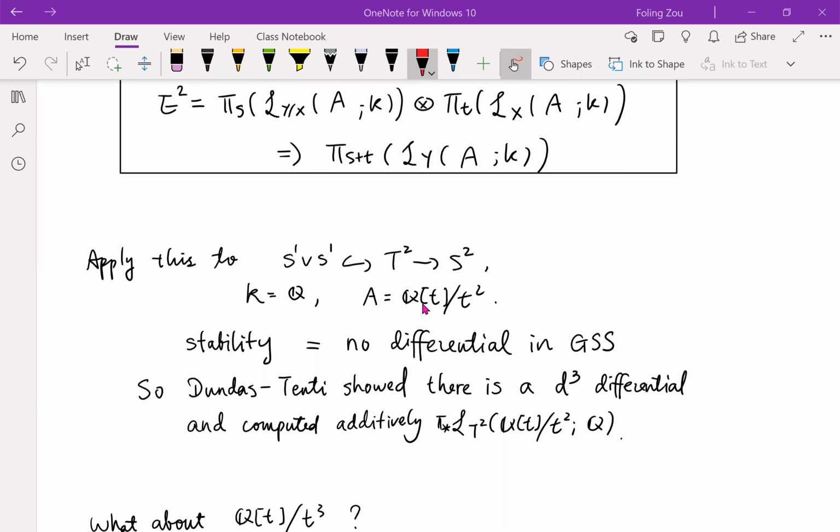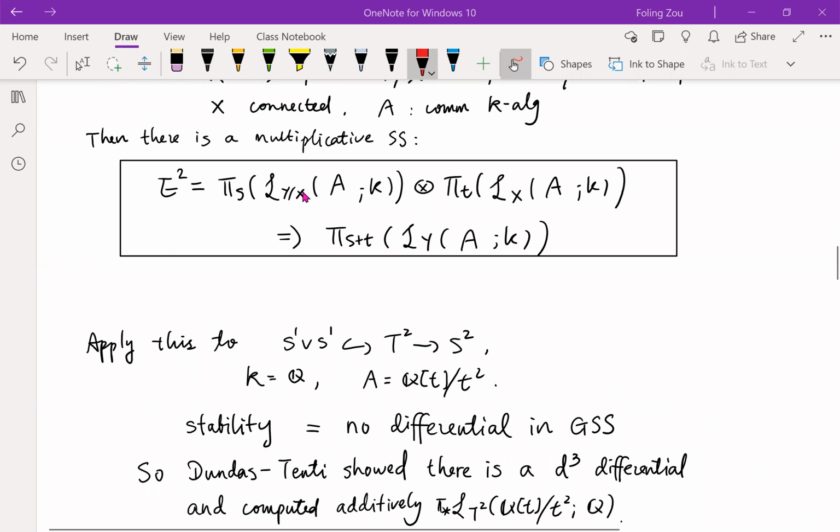Then we see that at the E2 page, we just get the Lode construction on this wedge of spheres, which is the cell for T2. So for the stability to hold, there have to be no differentials in the Greene spectral sequence, because we want the E2 and the E infinity to be identical. And if there were a differential, the dimension would not work.